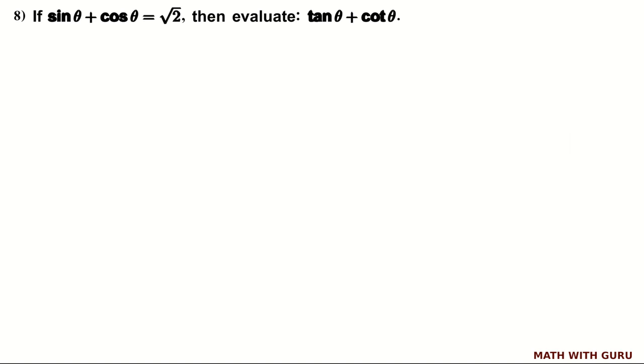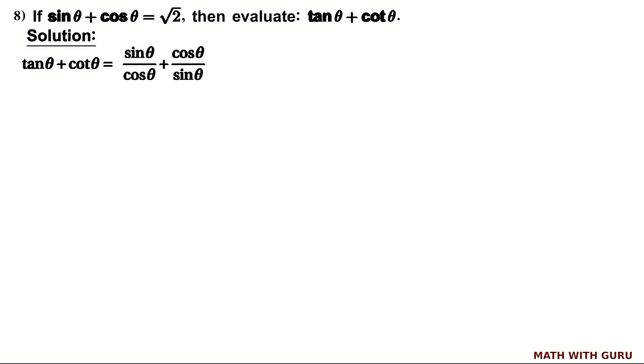8th question. If sin theta plus cos theta equals square root 2, then evaluate tan theta plus cot theta. Tan theta plus cot theta equals sin theta over cos theta plus cos theta over sin theta. Here the common denominator is cos theta into sin theta.